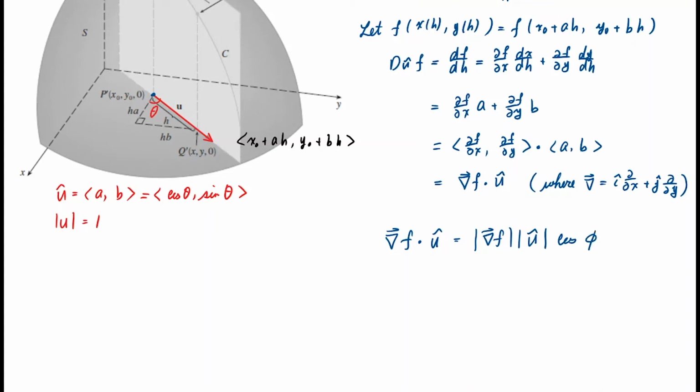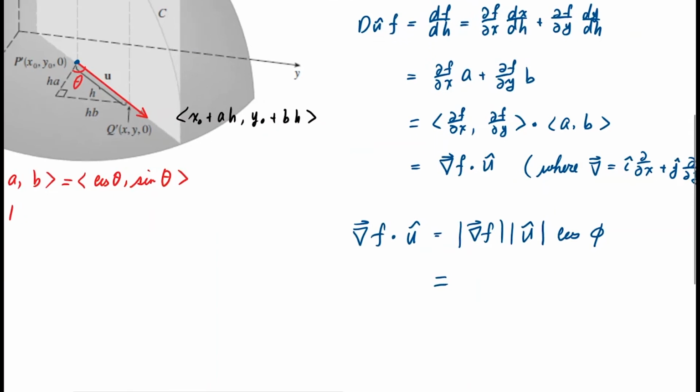Good. Now, what is the magnitude of vector u? It's the unit vector, so it's got to be the gradient vector times cosine phi. So far so good.